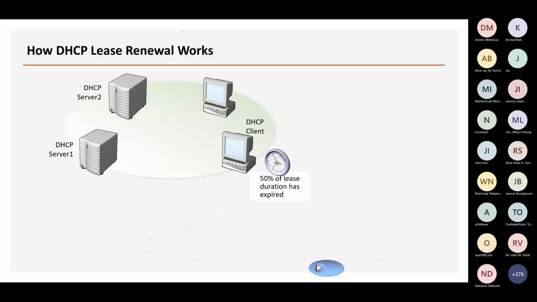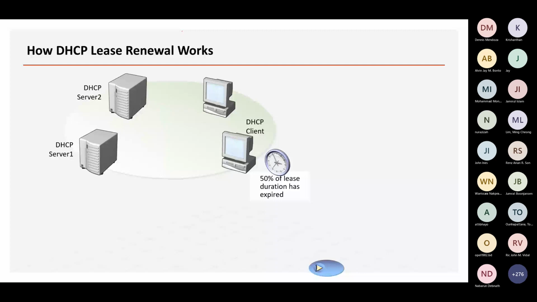Similarly, you get a license only for a particular period, and after that period, you have to go and renew it. Similarly here also. Now we understood DHCP is the service responsible for assigning an IP address.